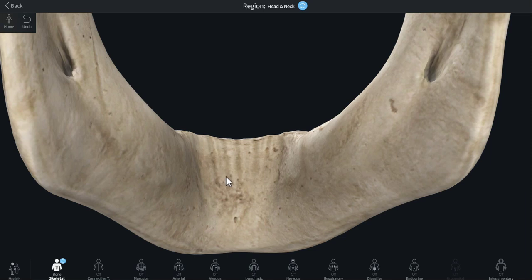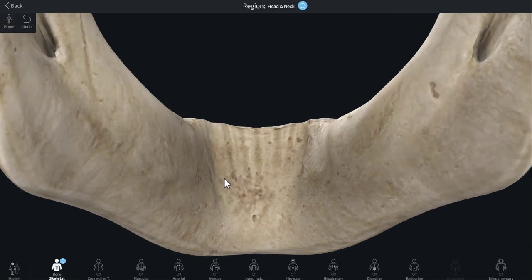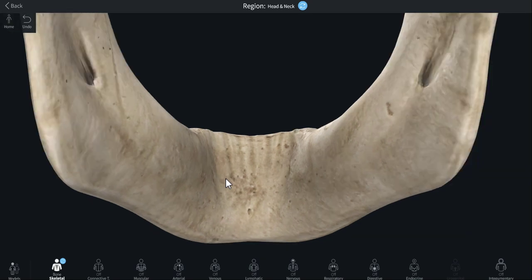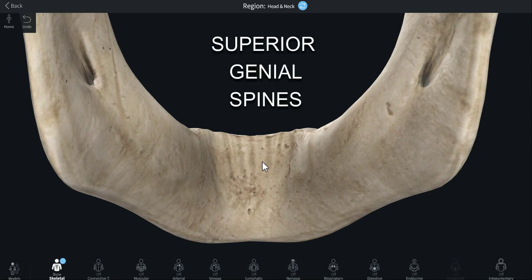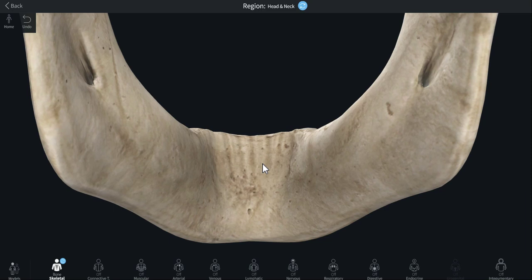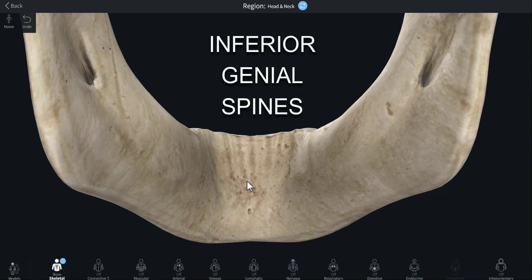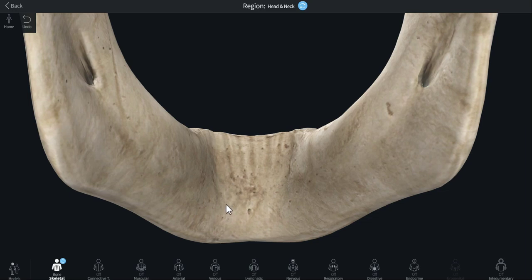The two spines located above are called the superior genial spines, and the two spines located below are known as the inferior genial spines or tubercles also.